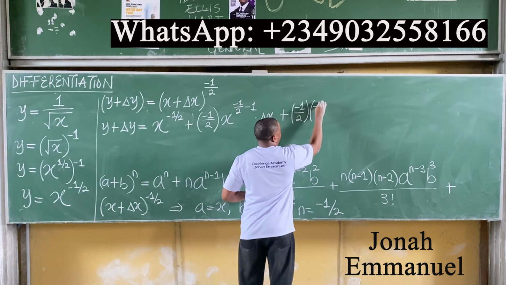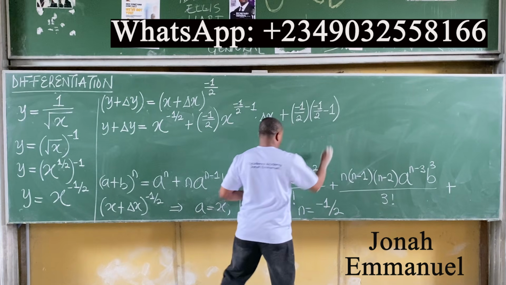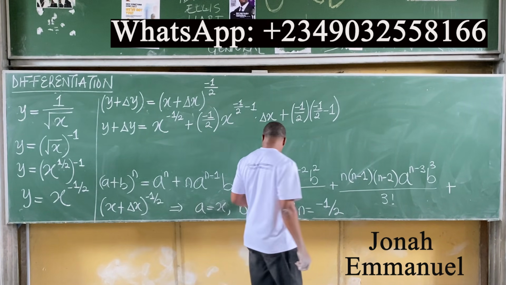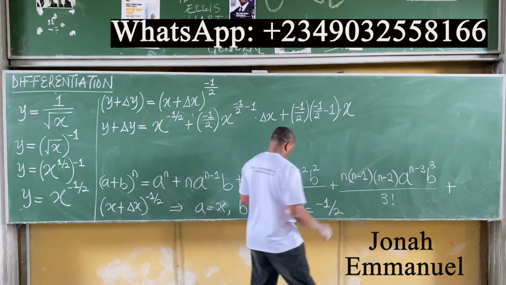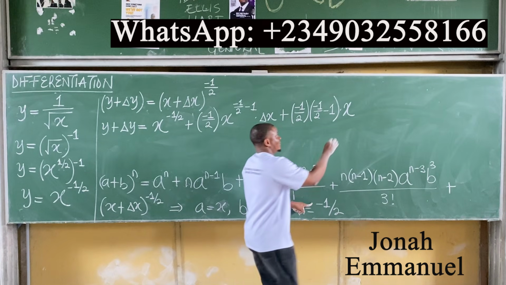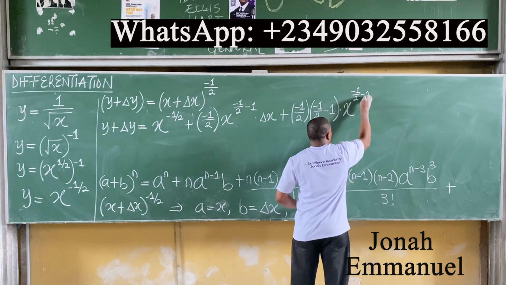That becomes minus 1 over 2 minus 1. That's n minus 1 into a. What's a there? A is x. So into x to power what there? N minus 2. What's n there? Minus 1 over 2 minus 2.